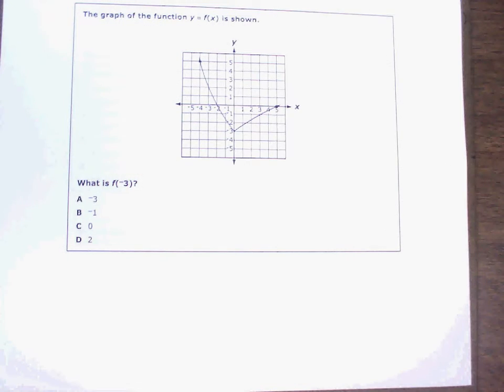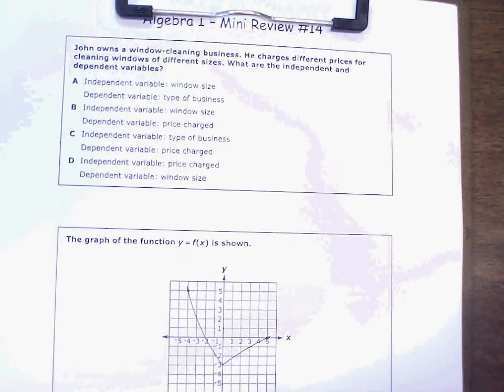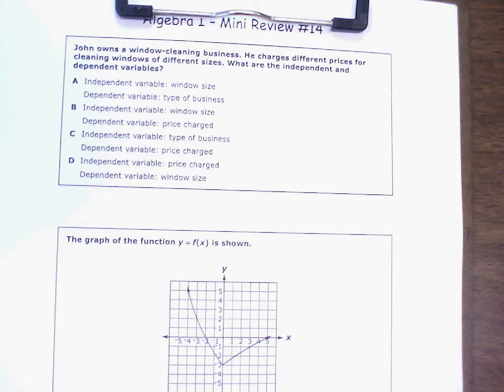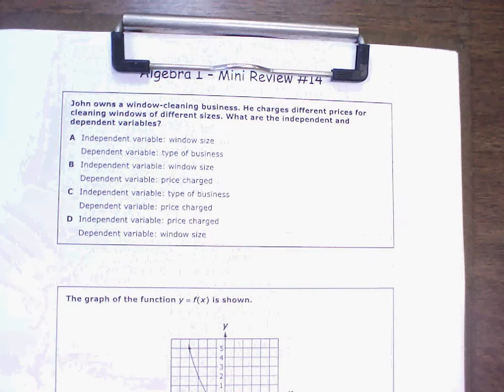Next one. Alright. John owns a window cleaning business. He charges different prices for cleaning windows of different sizes. What are the independent and dependent variables?